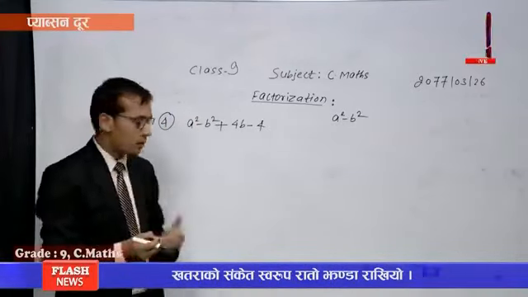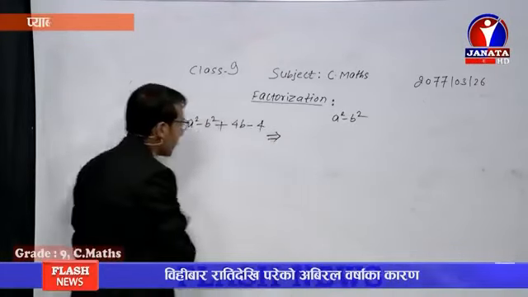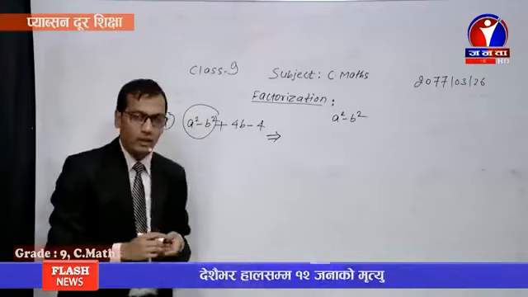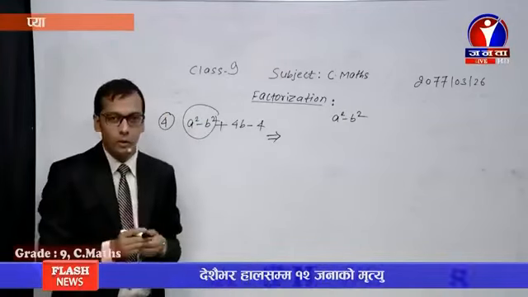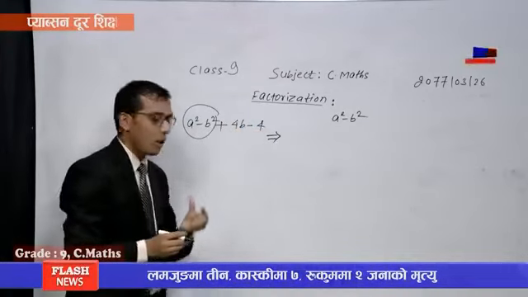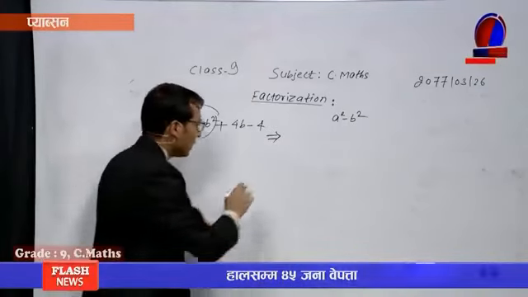Let's try to split the first two terms into a formula, a square minus b square as a plus b, a minus b, and take 4 common from the third and fourth terms, and see what we get.